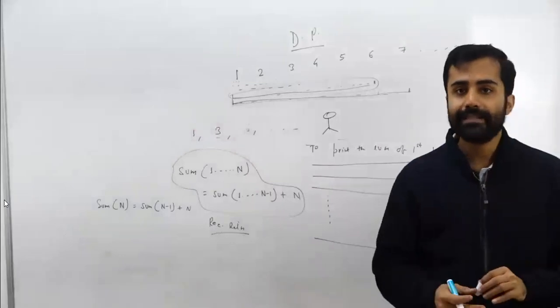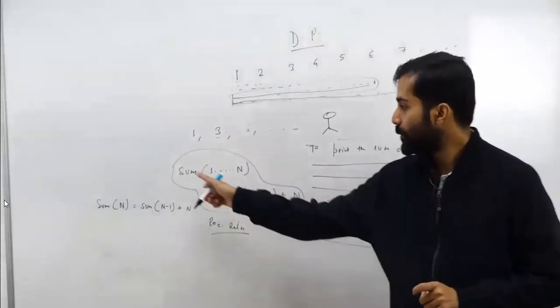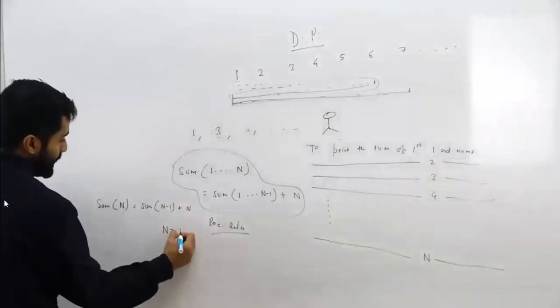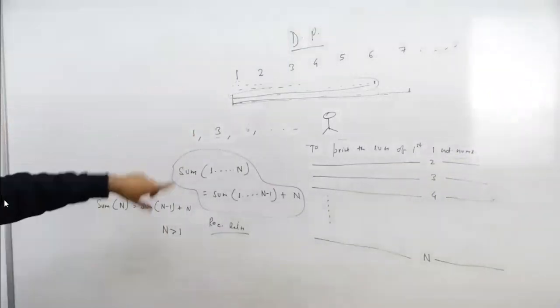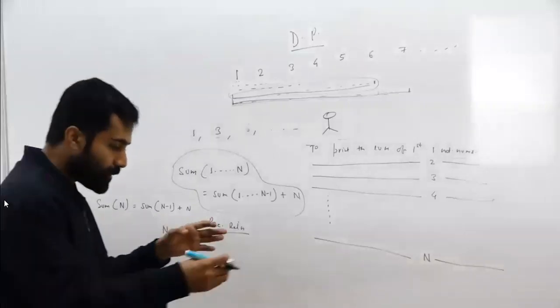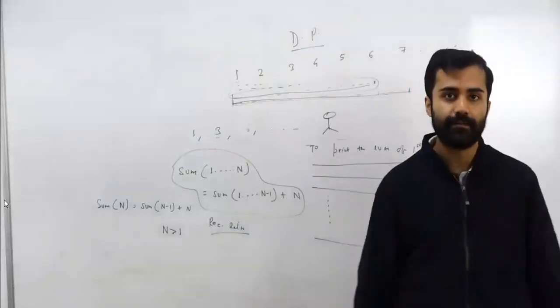Okay. Now, as I said, for every equation that you write, there is a base case. So this equation will apply for all the values of n which is greater than 1, but it will not apply for n equals 1, because when you put n equals 1, you will get sum of 1 equals sum of 0, and sum of 0 is undefined for me because I am only considering the space of natural numbers.